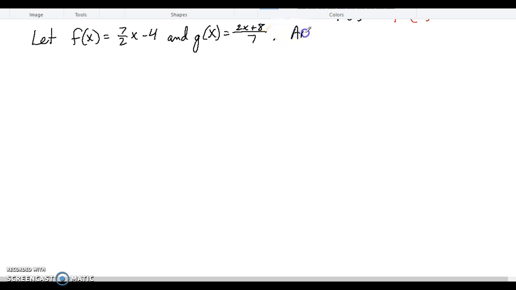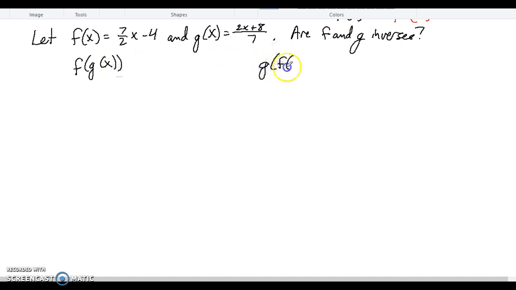Are they inverses? Well, in order to test, we have to find f of g of x and g of f of x.